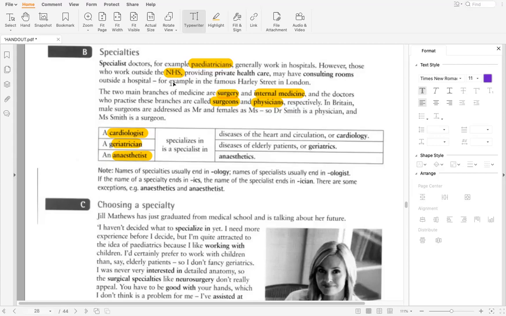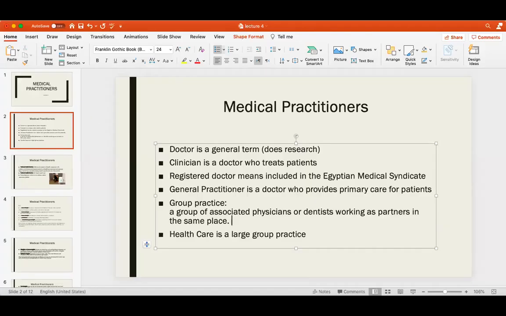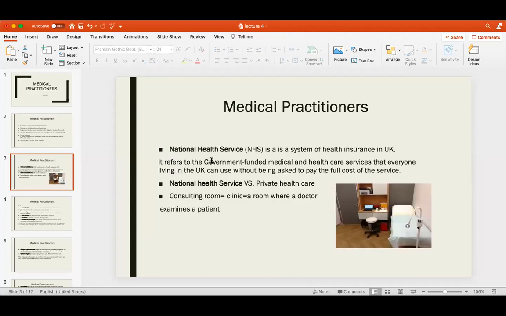All right? What is the meaning of this part? Those who work outside the NHS. What is the NHS? It's the National Health Service in Britain. NHS is a system of health insurance in UK.